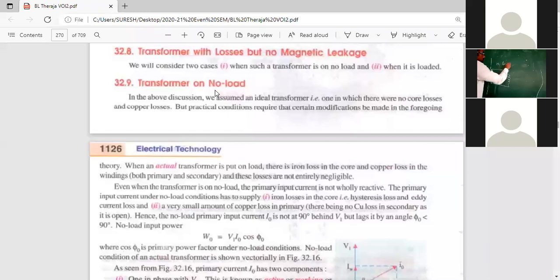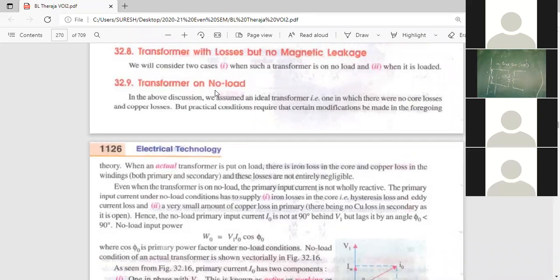No load test is also called the OC test, also called the open circuit test. Open circuit test means open the secondary terminals, open the secondary winding. I am not keeping any load here. This is N1. This is N2.